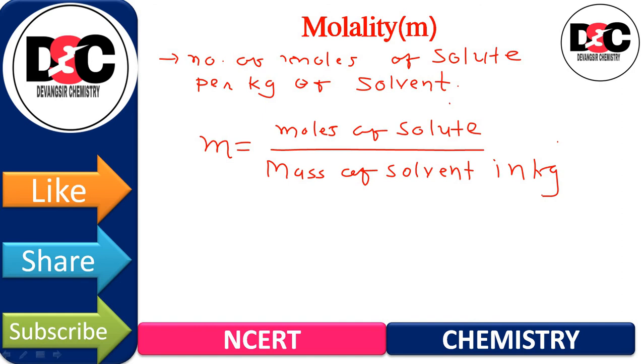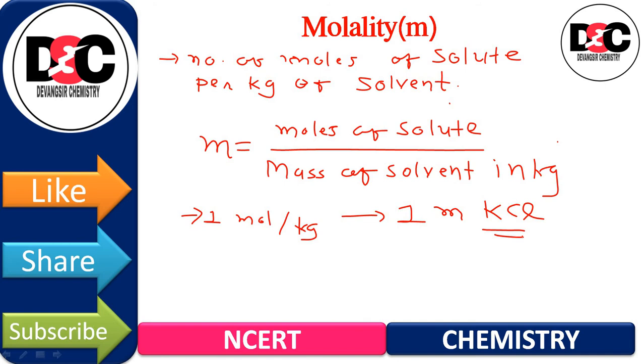Now for example, 1 mole per kg, or I can write it 1 molal small m solution of KCl. What does it mean?